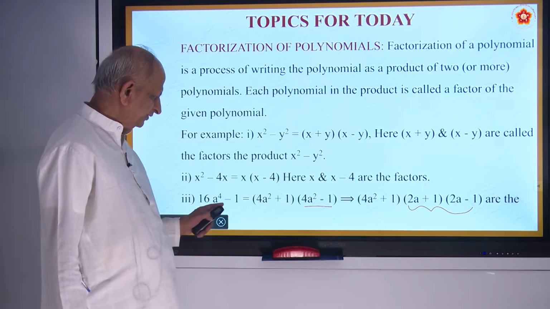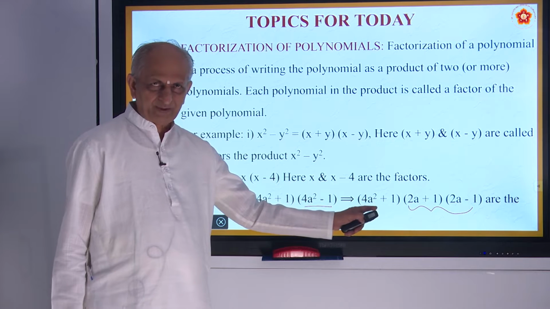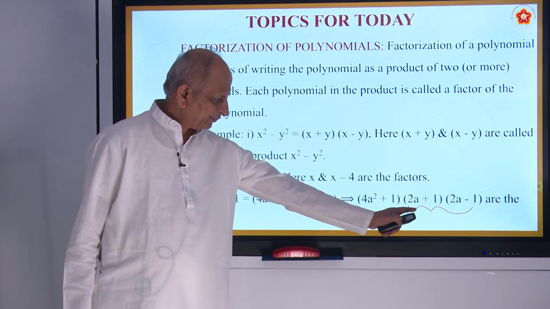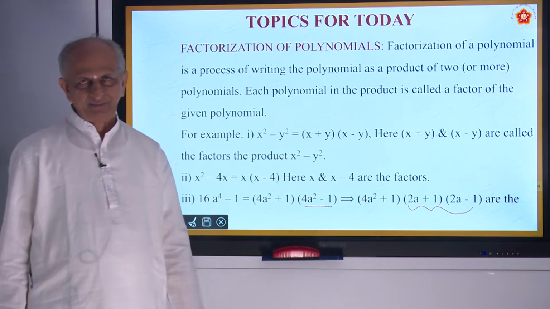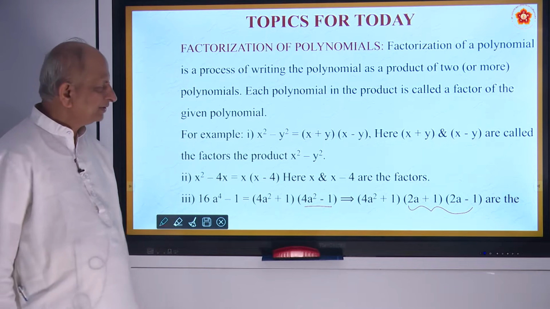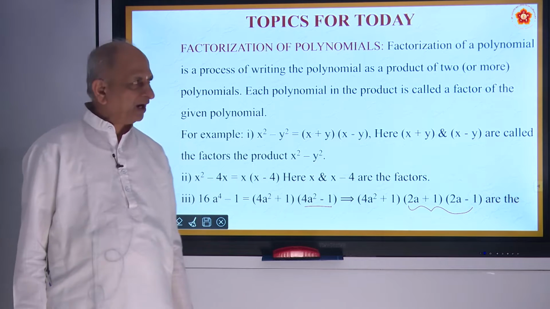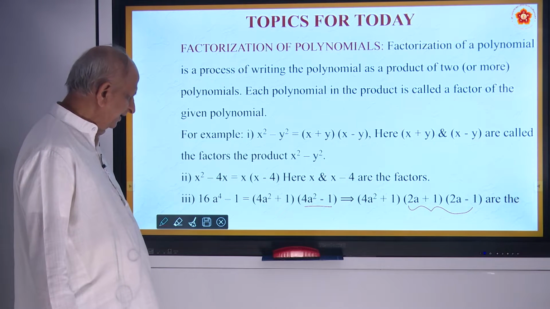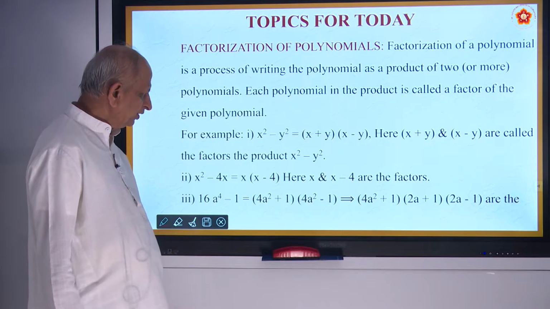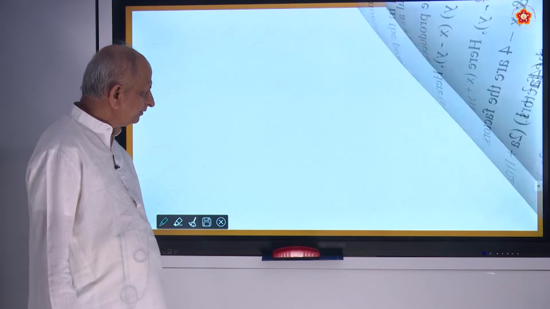So factors of this are (4a² + 1)(2a + 1)(2a − 1). Followed? So this is what is called factorization of polynomials. It need not be only two terms, it may be more than that also.